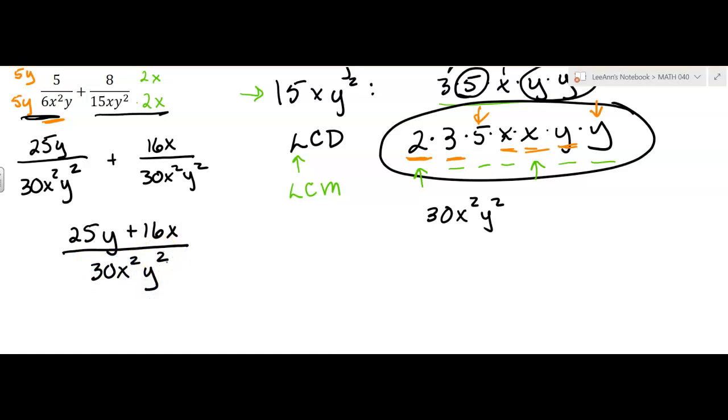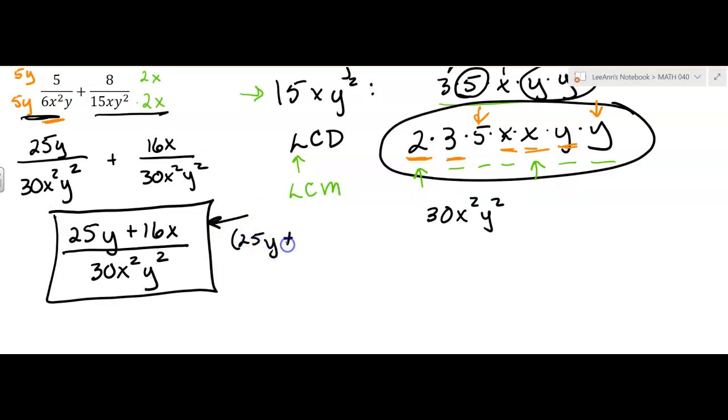Now, I would try to factor the numerator if I could, but it doesn't look like I can. They don't have a greatest common factor. It's not a trinomial that I can factor with that. There's no GCF. So I'm done. I can't cancel anything because I only have one thing up there. I have the 25y plus 16x. It has to be all or nothing.